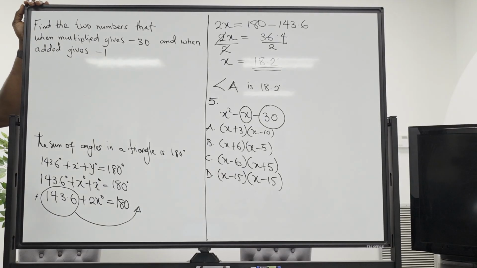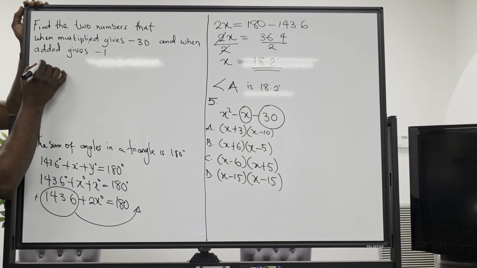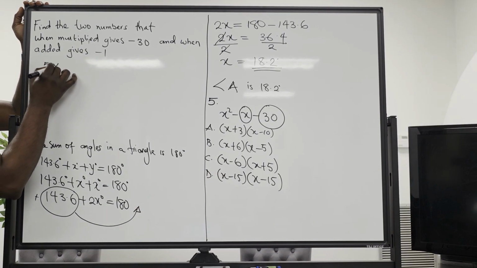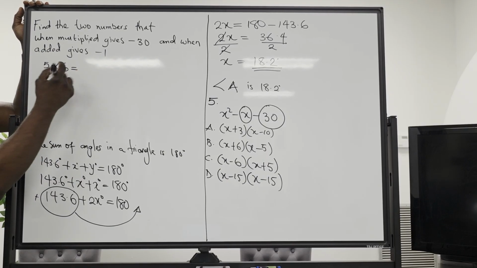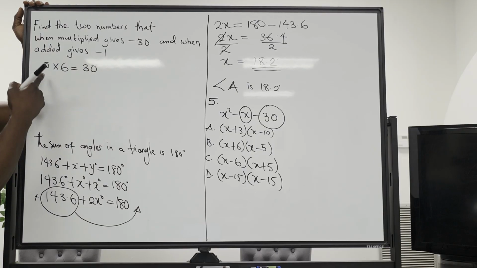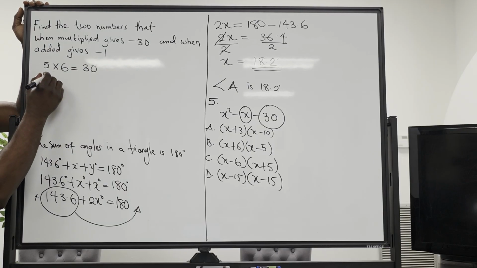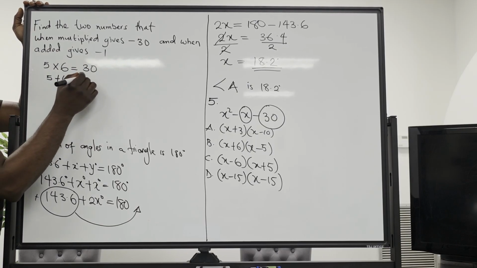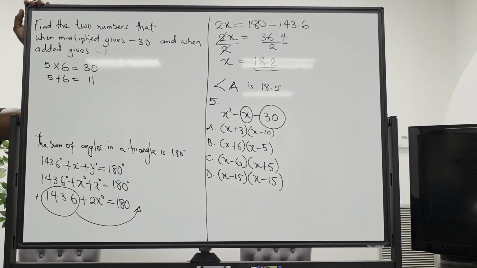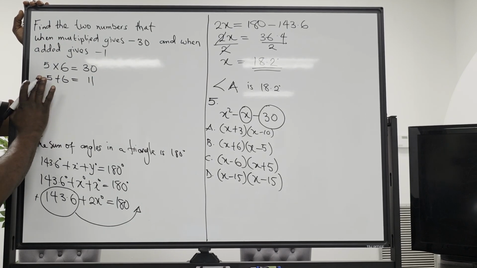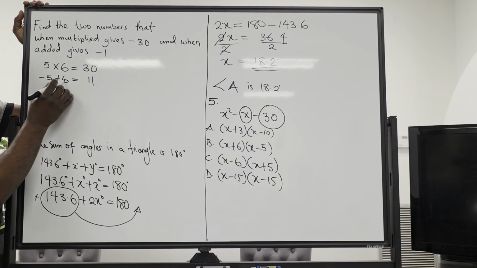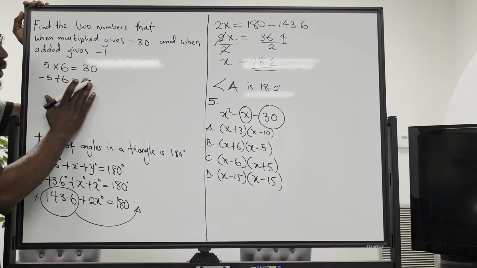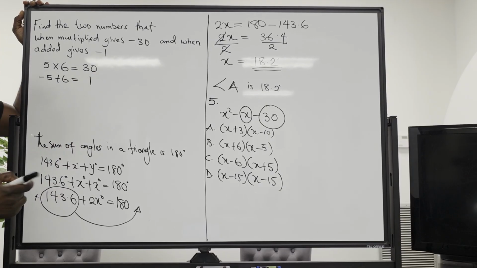I got 5 and 6. If I multiply 5 and 6, I get 30. But if I add 5 and 6, I get 11, so I can't use that. If I say minus 5 plus 6, I get 1. That's still not the answer.